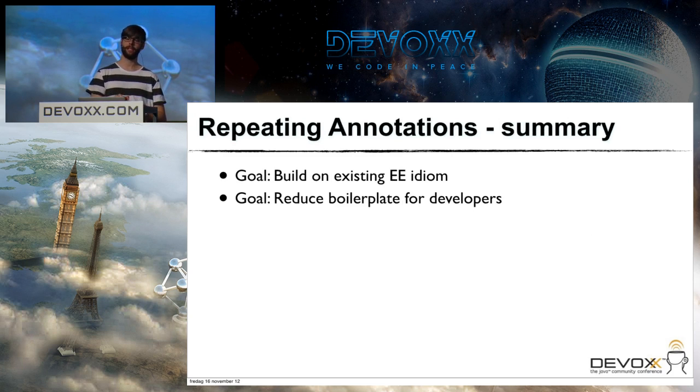Wrapping up repeating annotations. The goal is to allow you to write less boilerplate, while still making sure that the existing idioms you have used for so long remain compatible and useful.